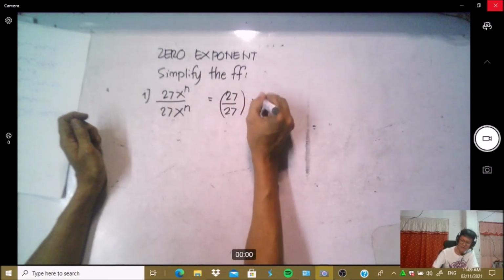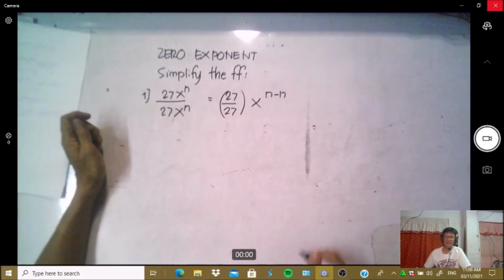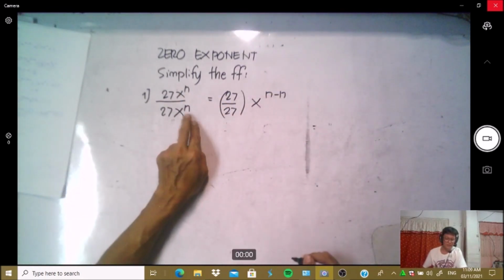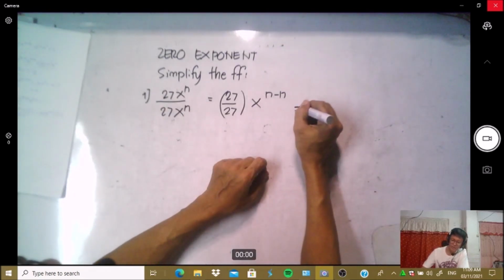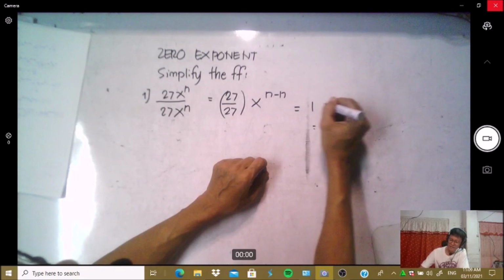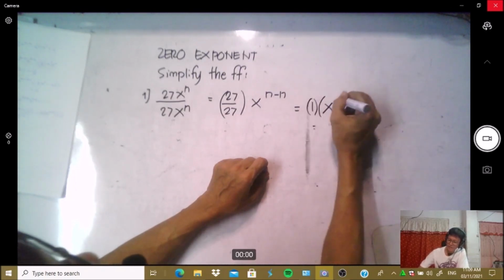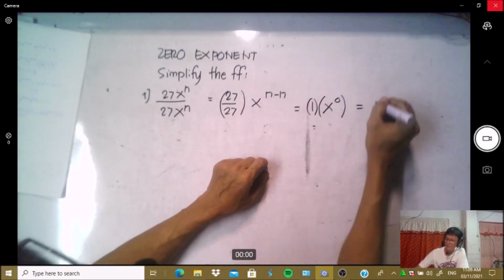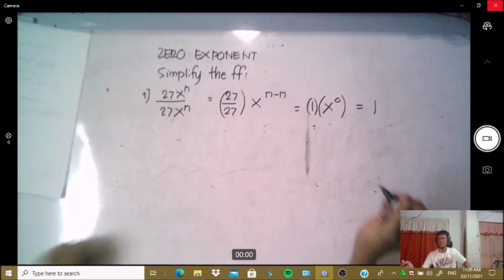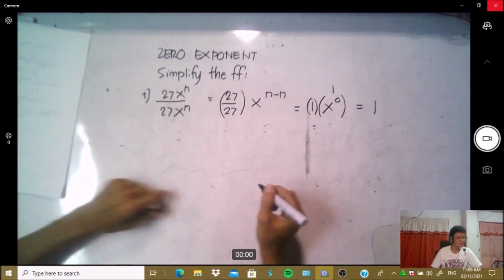Then we have x raised to n minus n, because we have to subtract the exponent of the denominator from the numerator. And therefore, 27 over 27 is 1, and x raised to n minus n is equal to 0. Any number raised to 0 is equal to 1. Therefore, 1 times 1 is equal to 1.